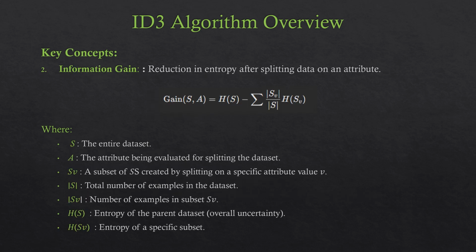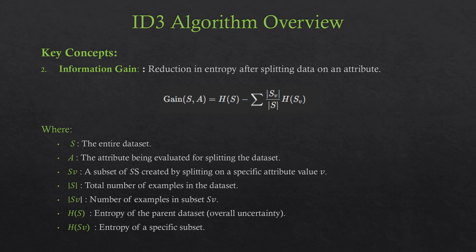Algorithm overview, second: information gain. Reduction in entropy after splitting data on an attribute. Gain(S, A) = H(S) − Σ (|Sv| / |S|) · H(Sv).